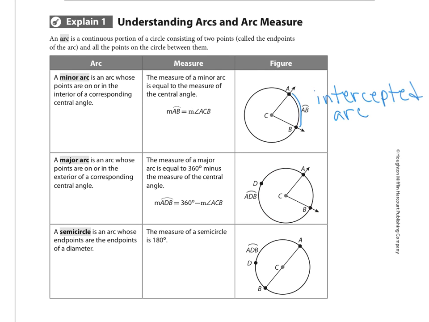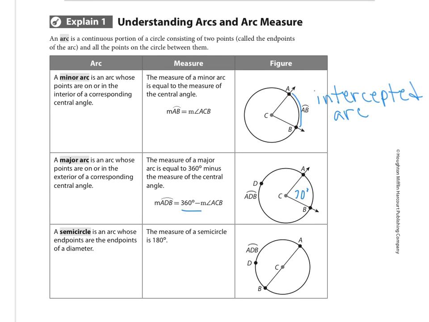If we knew that the central angle was 70 degrees, for instance, then we would know that the arc AB is also 70 degrees, but for the rest of it, we would need to do 360 minus that. So that would be 290 degrees for the measure of arc ADB in this instance.